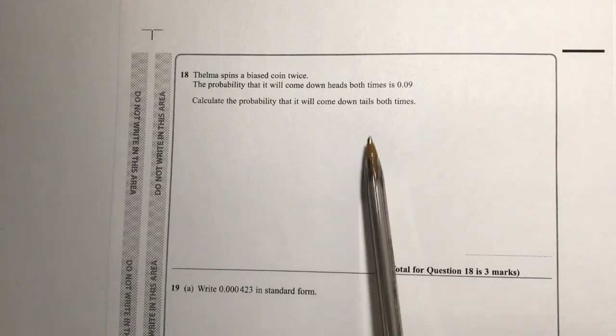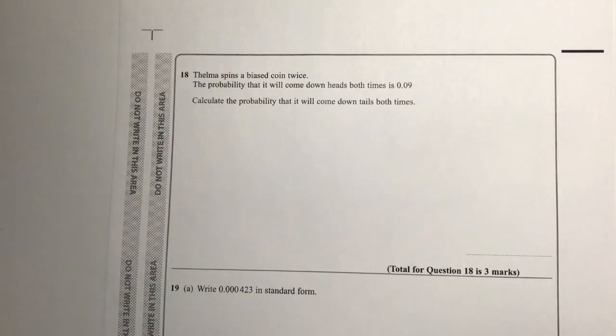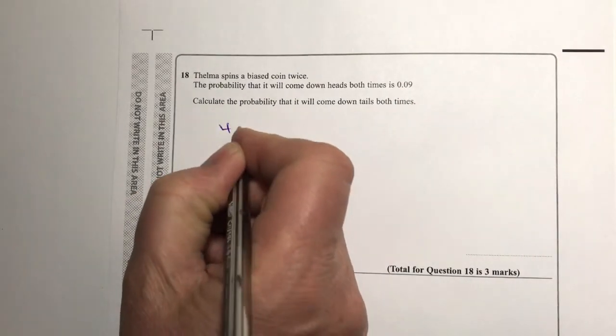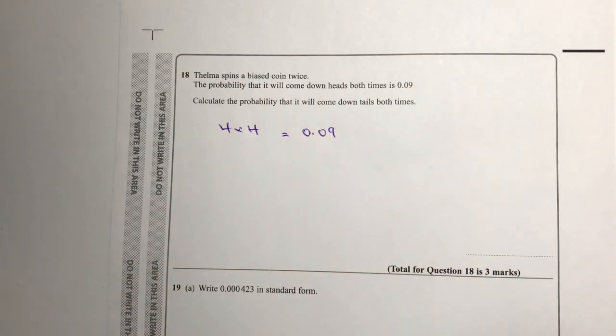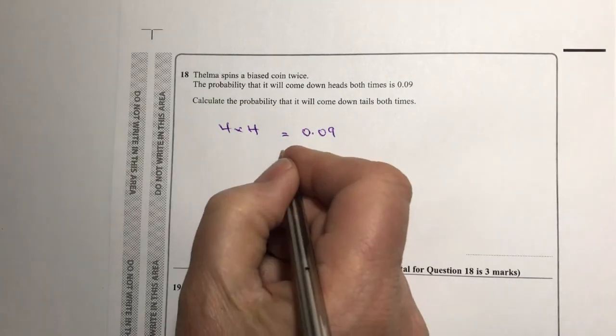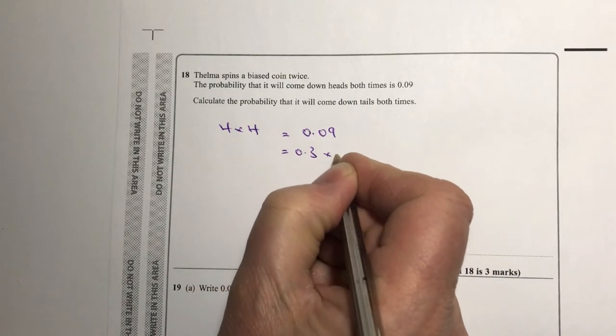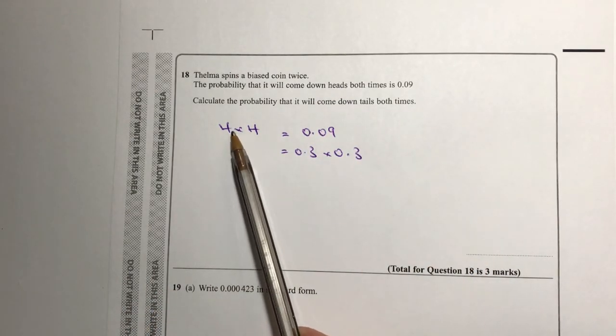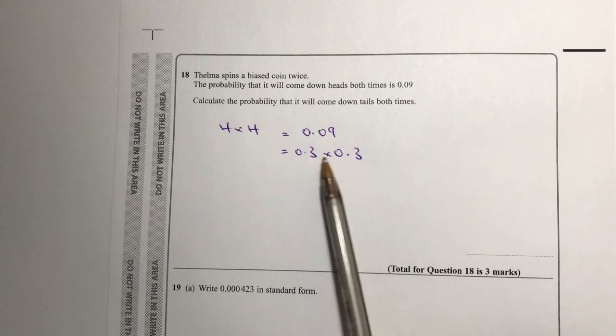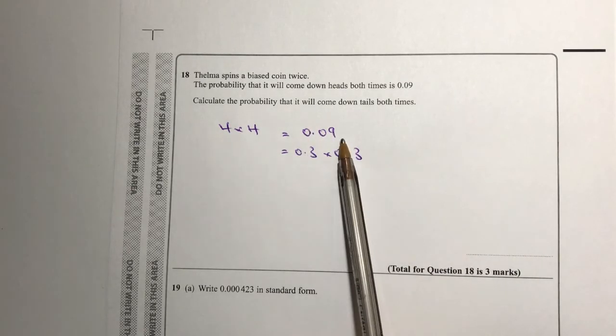If it comes down heads both times, what we're saying is that heads times heads is equal to 0.09. Okay, so in other words, the square root of 0.09 is actually 0.3. Because 0.3 times 0.3, remember it's heads times heads, equals that.